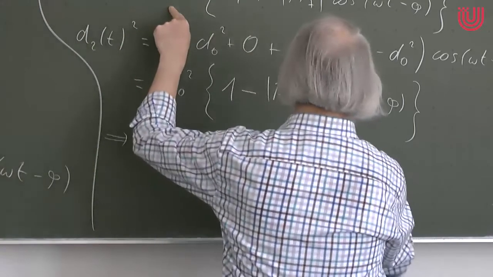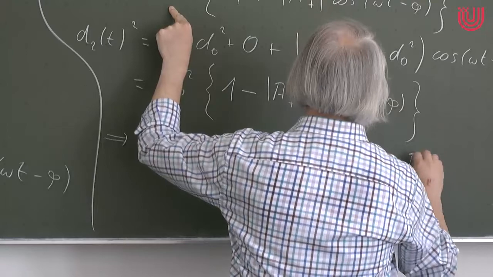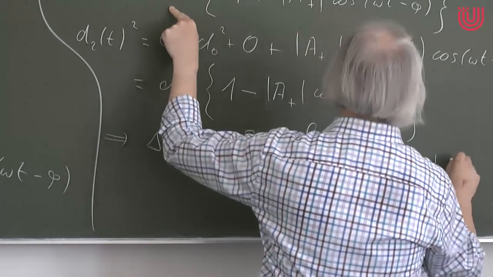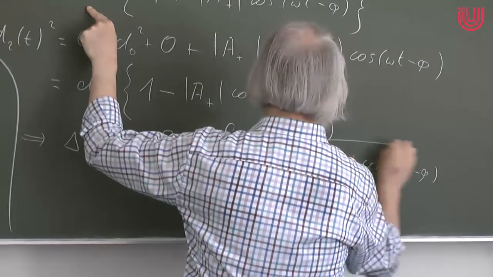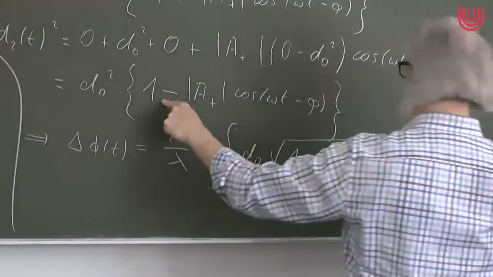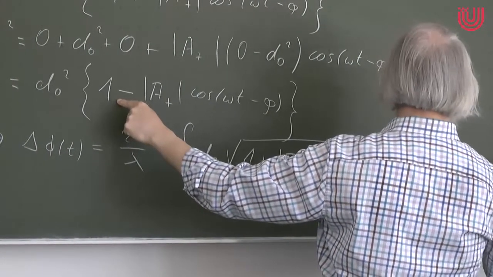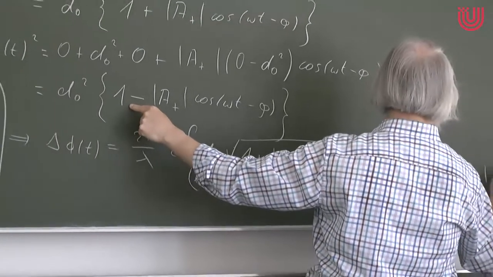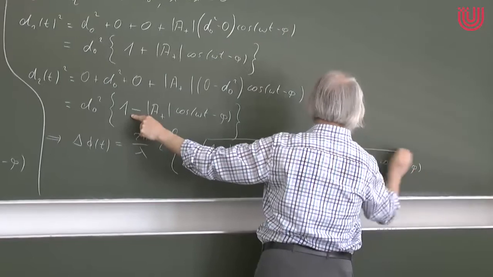The square root of this is d0 times the square root of 1 plus a plus cosine omega t minus phi. And here's the same thing with a minus sign: minus d0 times the square root of 1 minus a plus cosine omega t minus phi.